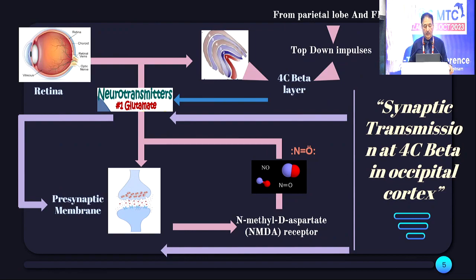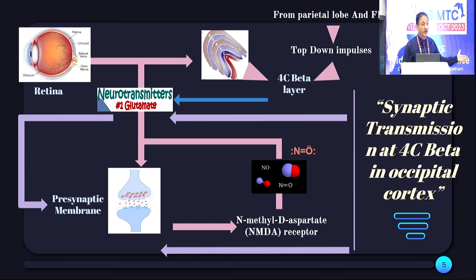Now, as I told you, this is the place in the occipital cortex where the problem is due to glutamate release; vision happens at level 4C beta. This glutamate goes to the postsynaptic membrane where it releases nitric oxide. The nitric oxide travels back and further transmits the impulses forwards. In amblyopia, there could be any number of reasons why there is a problem.